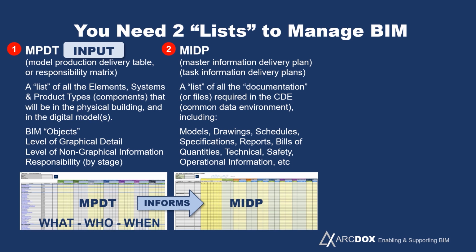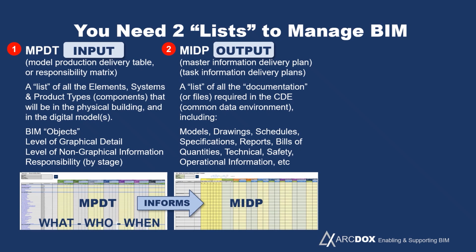So everything about the project is stored within the common data environment. And the second list, the master information delivery plan, is a long list of all the files that need to be produced. So I like to think of that as the output list, and the one list informs the other list.